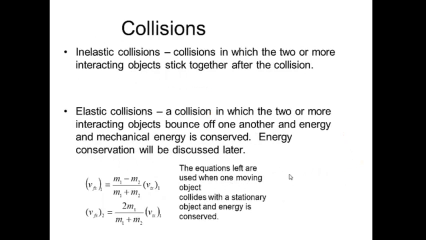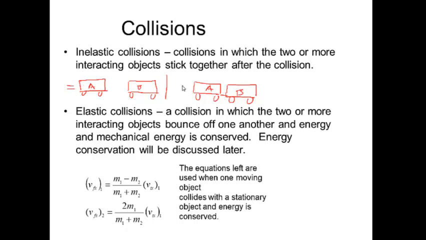Collisions. We have basically two types of collisions. Inelastic collisions are collisions in which two or more interacting objects stick together. The most common one is like train car A moving towards stationary train car B. After the collision, train car A and B move off together.